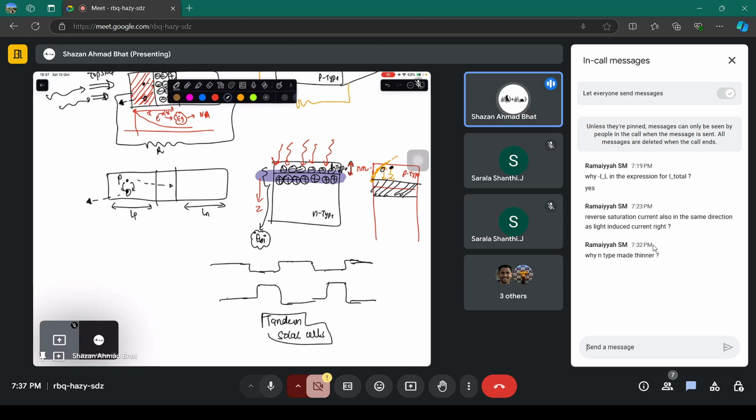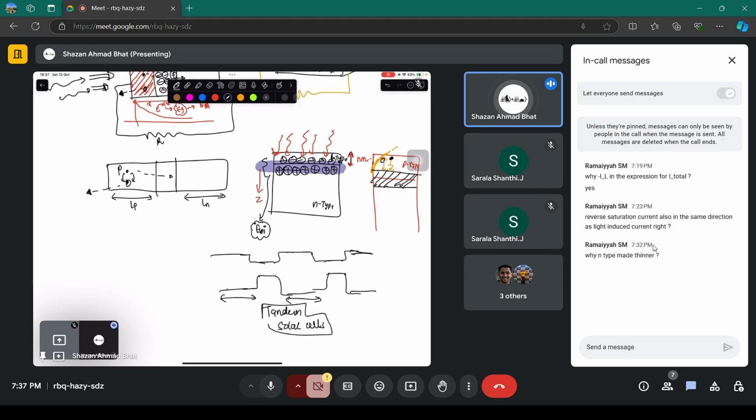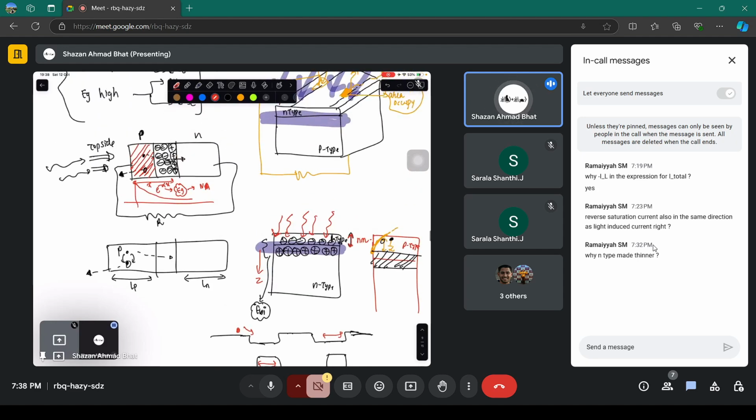These are very thin structures of the order of nanometers, so that whenever an electron hole pair gets generated, they fall into this region and give rise to the external current through the separation of electrons and hole pairs. You have to control the widths of these regions. But that's a different engineering perspective, how you make tandem solar cells. If you are more interested, you can learn about it. But this is the exact reason why these regions are made particularly thin.